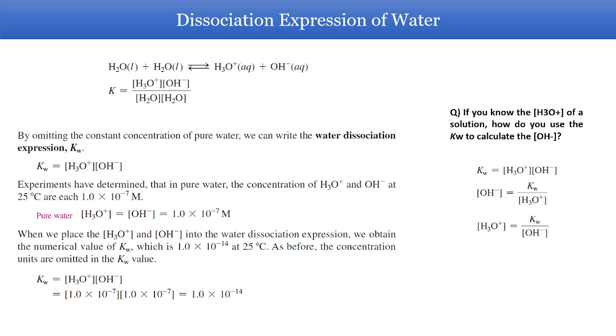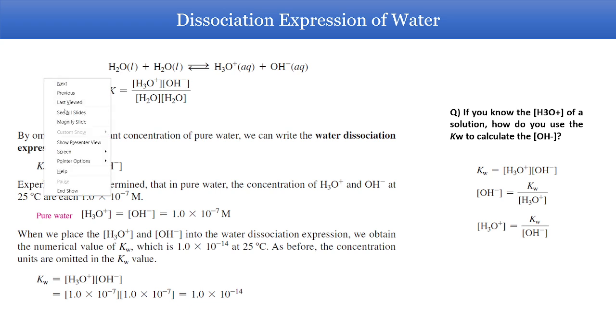Now we consider the constant concentration of pure water, so we can eliminate the lower portion, and therefore we can write the equilibrium constant for the water dissociation expression. The water dissociation expression, or Kw, is indicated by the concentration of hydronium ions multiplied by the concentration of the hydroxide ions.